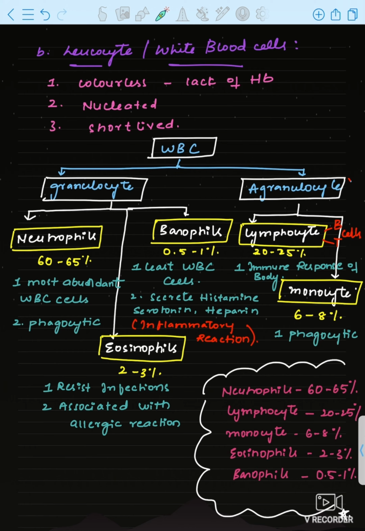Among granulocytes, neutrophils are abundant, with a count of 60 to 65%, the most abundant among the WBC cells. And neutrophils are phagocytic. Phagocytic means what?